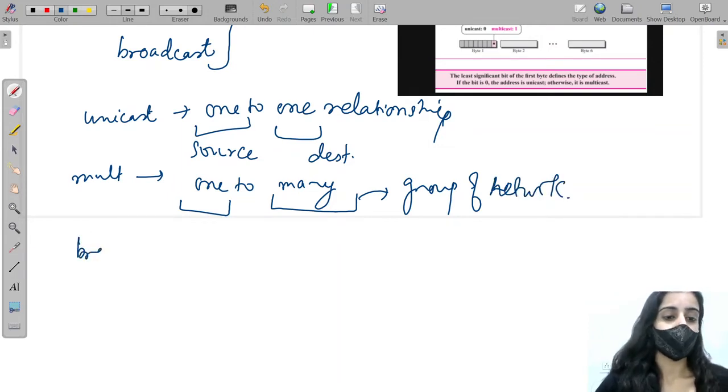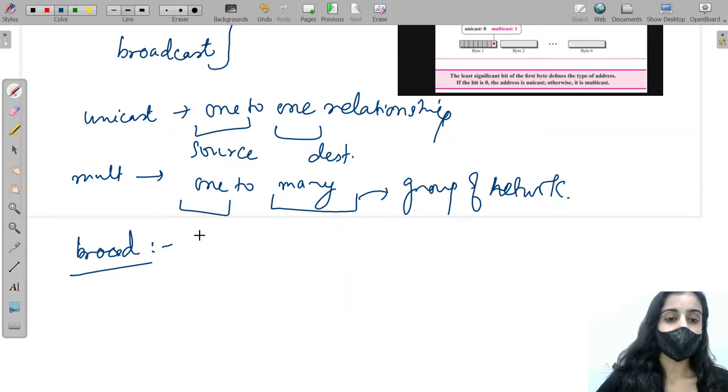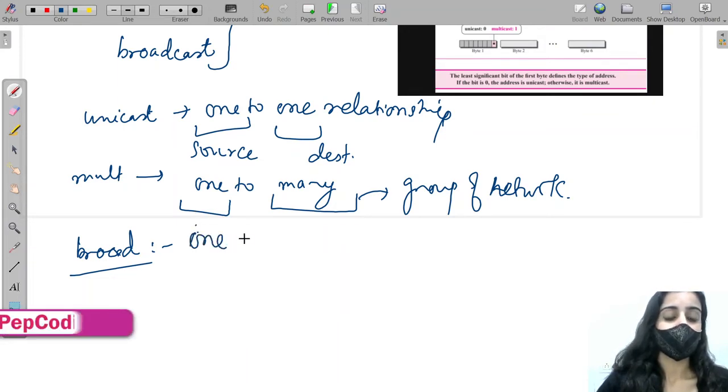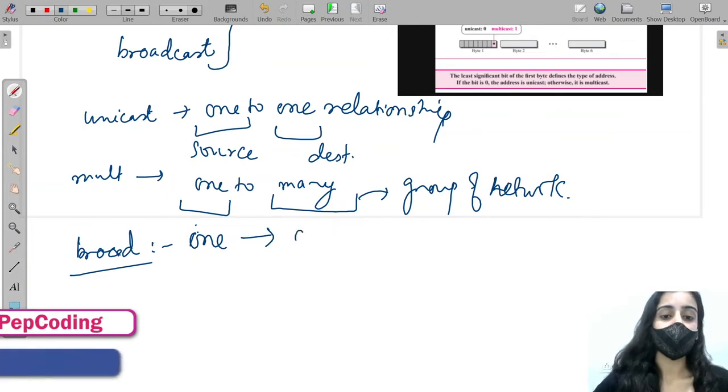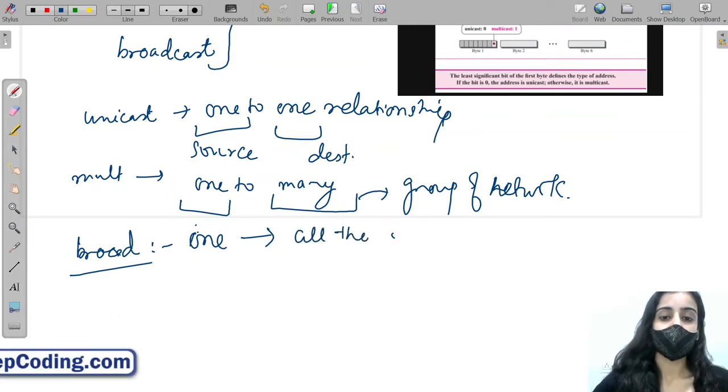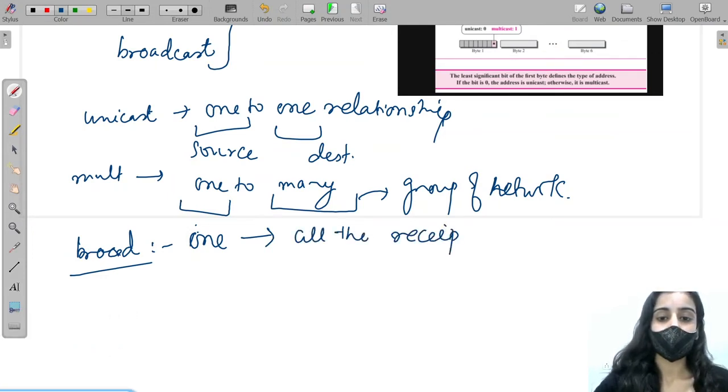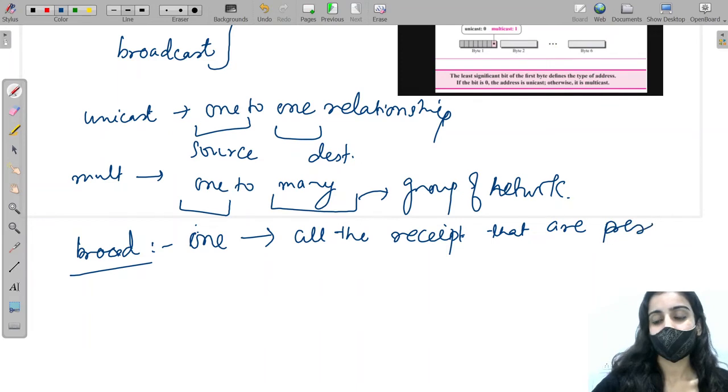Then there is broadcast. It is nothing but a special case of multicast in which one packet is going to all the recipients that are present over the LAN network.